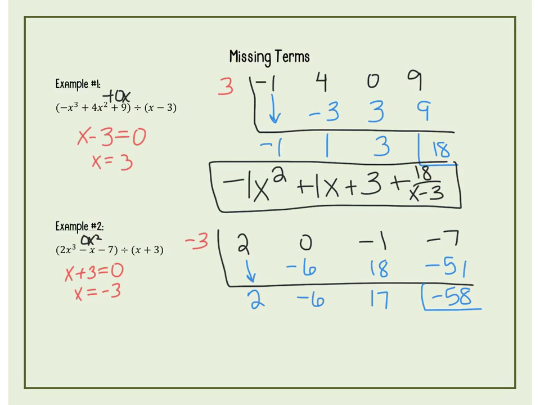That is your remainder. So my answer is going to be 2x squared minus 6x plus 17 plus -58 over x plus 3.